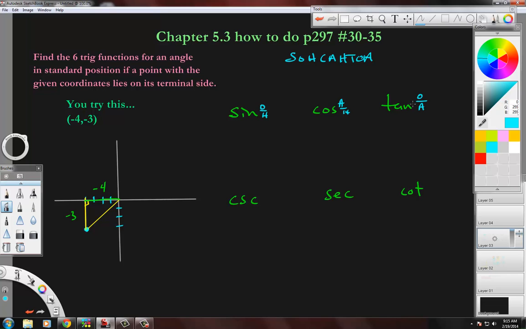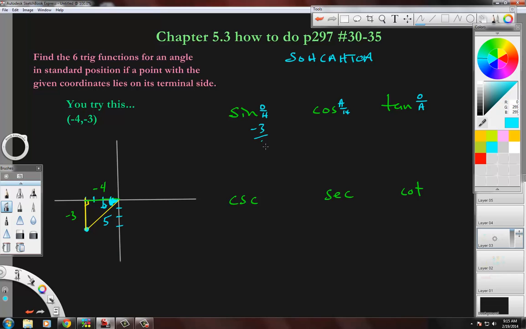Learn to spell it, write it, and you won't have to keep looking back and stuff like that. So this is 5, and I'm going to skip that. That's a 3, 4, 5 triangle. It's 9 plus 16. Square root of 25 is 5. Boom, done. Now, the sine would be from this angle right here. This is your angle here.